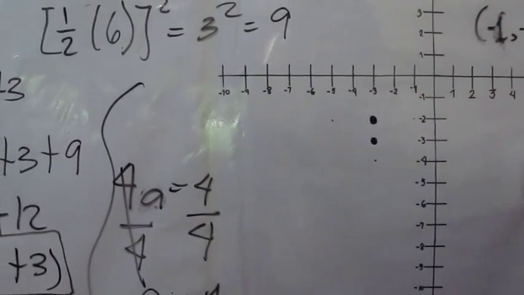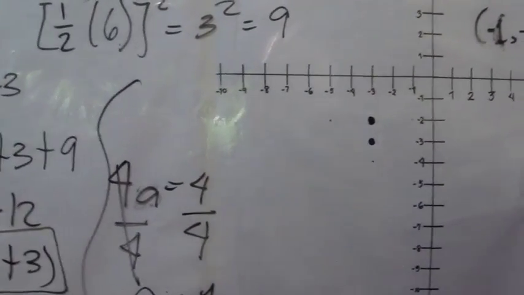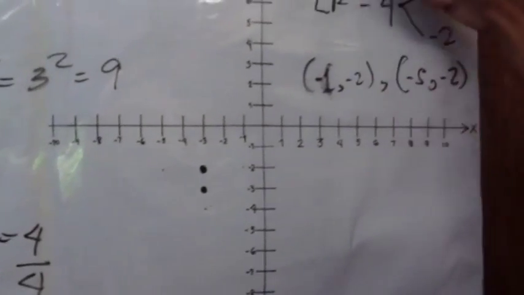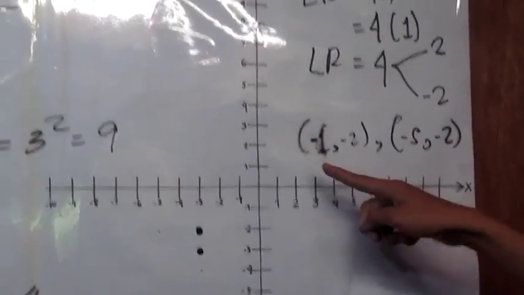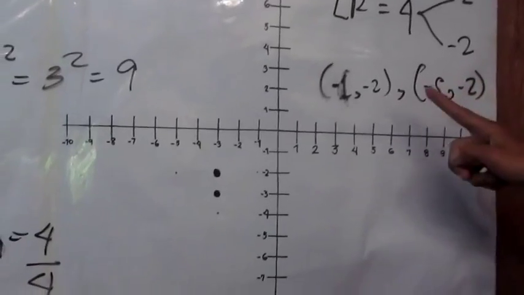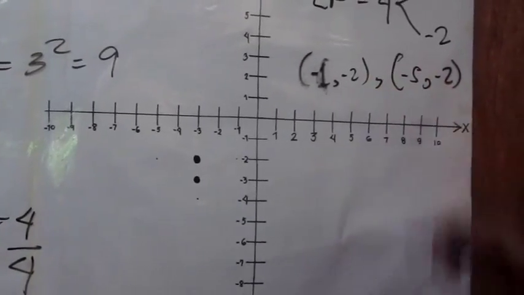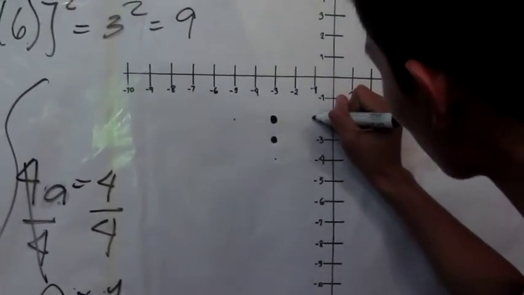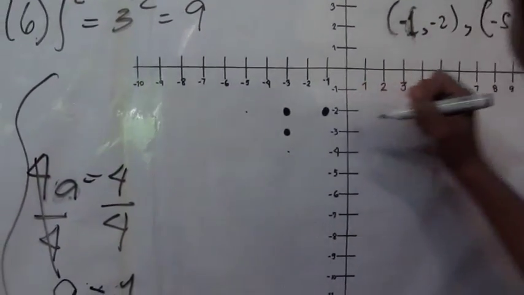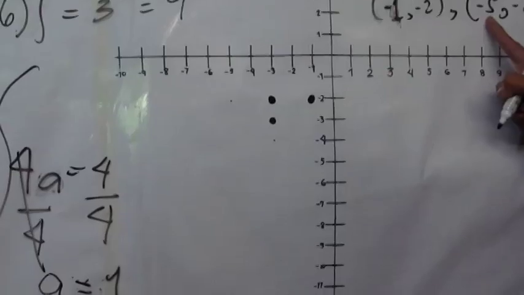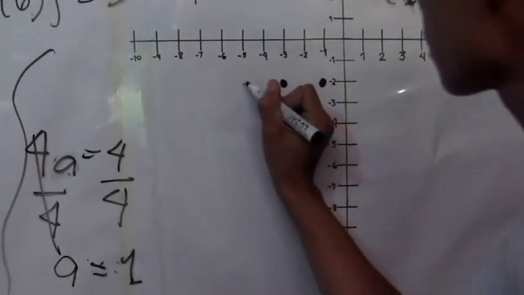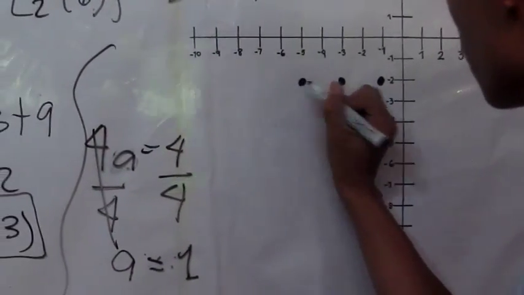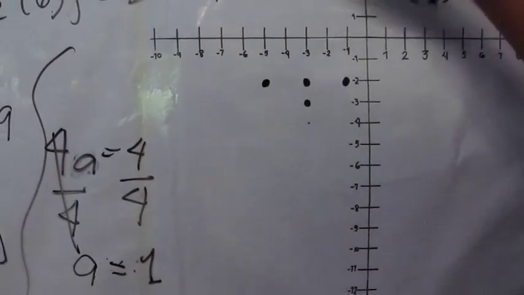And then we are going to locate the given endpoints of the latus rectum, negative 1 and negative 2, somewhere here, and then negative 5 and negative 2, somewhere here. And then we are going to graph now.